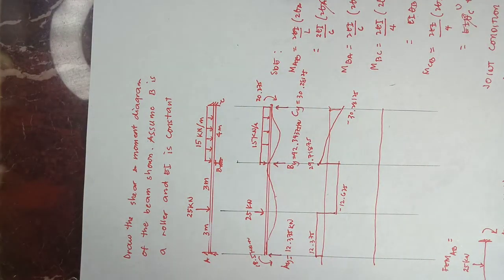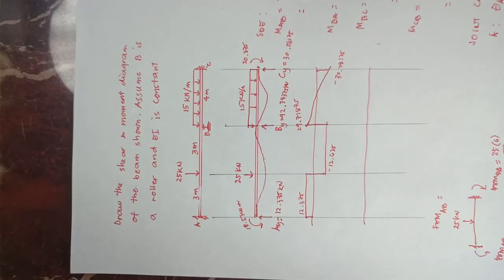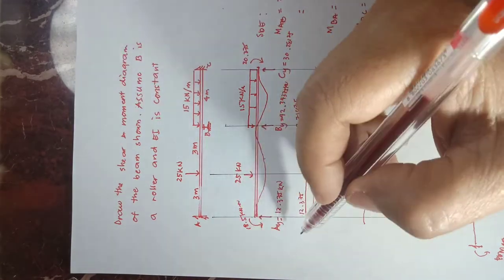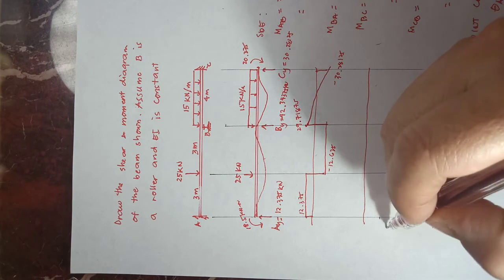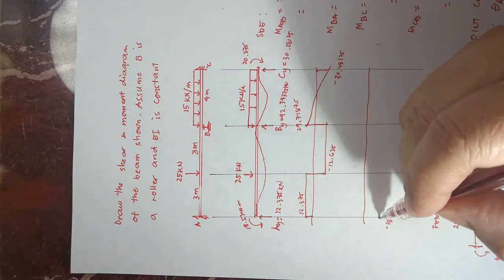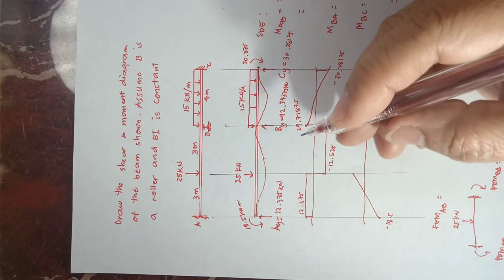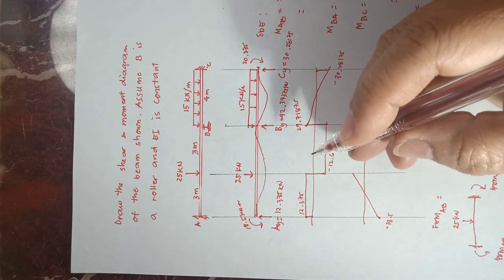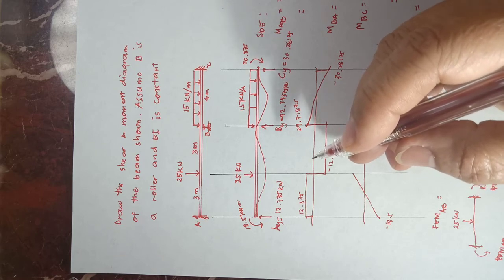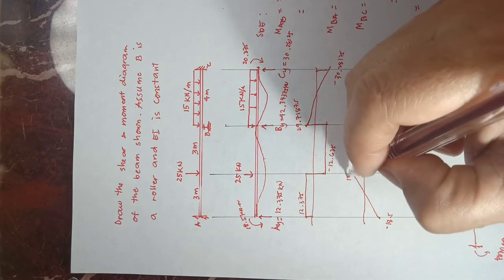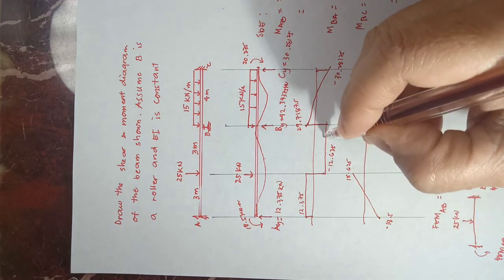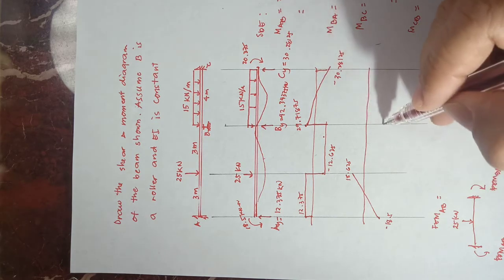Okay, so, we can now draw our moment diagram. So, we have a moment at A, counterclockwise, so that will be negative 18.5 plus this area. Okay, so that is equal to 18.625, then minus this area, and that is minus 19.